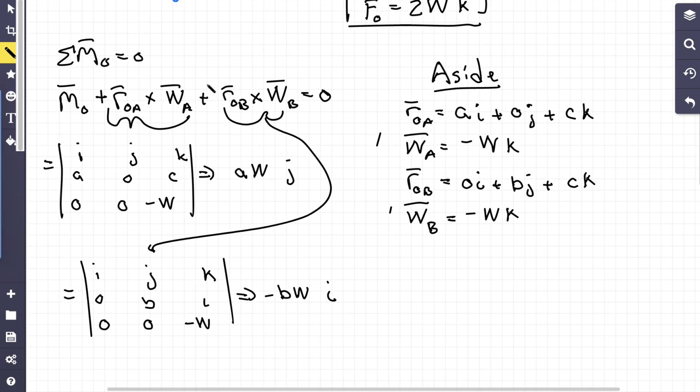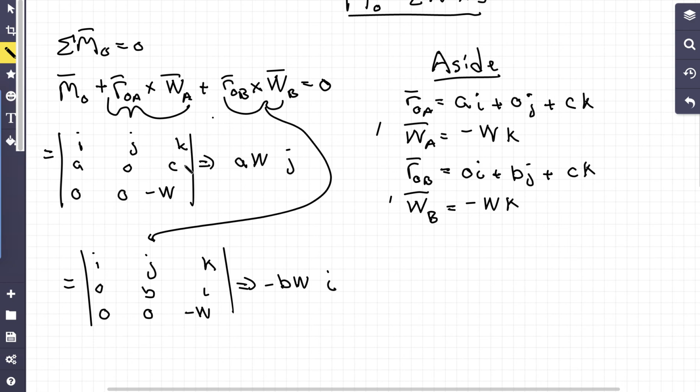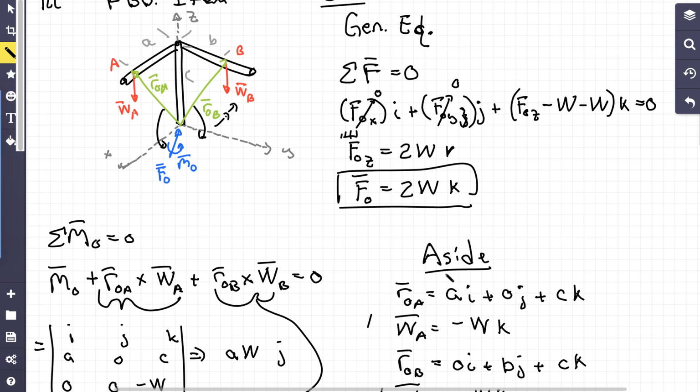That's good, but if you notice, we have no k direction. Therefore, no applied force is causing rotation about the Z axis, because all the forces are parallel to this Z axis, and that's good for us, so we can eliminate that.